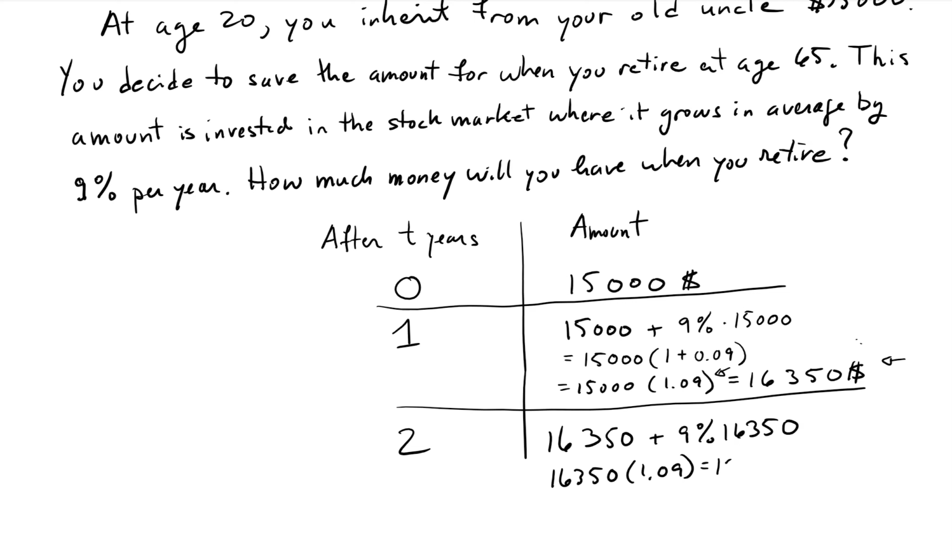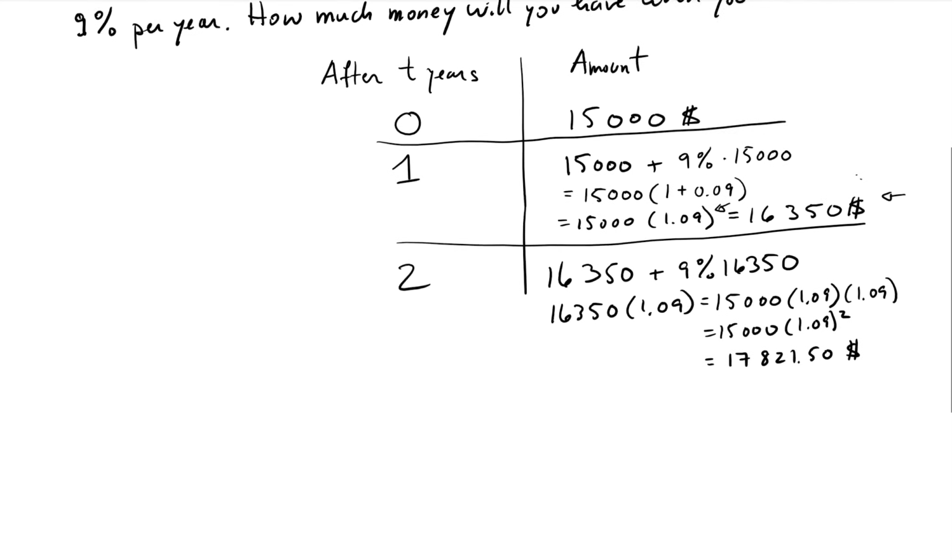So I'm going to write that down. Okay, so that's your 16,350. And remember, it's again multiplied by 1.09. So we get that 1.09 is actually squared. So it's 15,000 times 1.09 squared. So what is that? We can calculate this now. $17,821.50. So that's year 2.